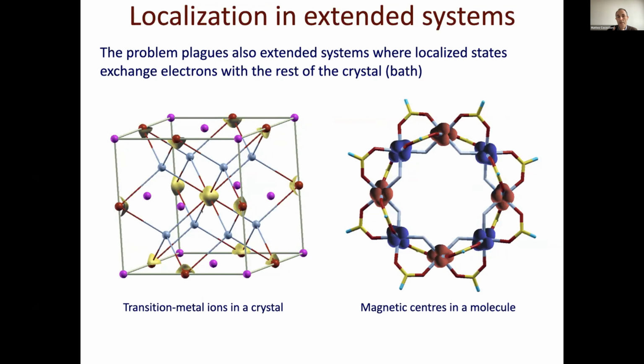So in a sense, it's the same thing that's missing here, and that's why when we have transition metals or rare earth metals with localized states, we typically get into trouble if we use a standard approximation, because the energetics of electron exchange with the rest of the crystal is not captured very well by standard approximations.